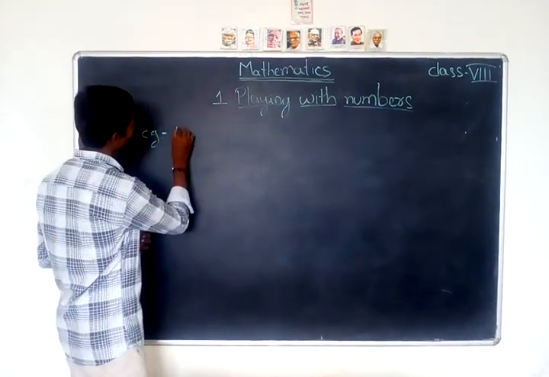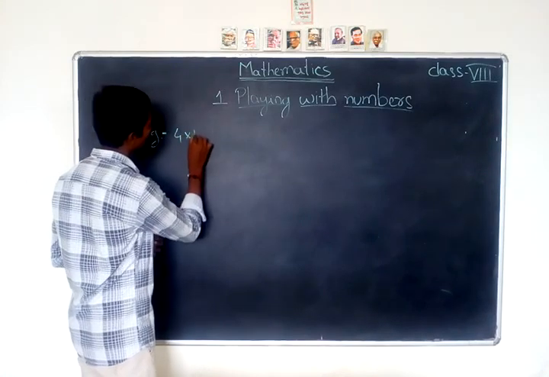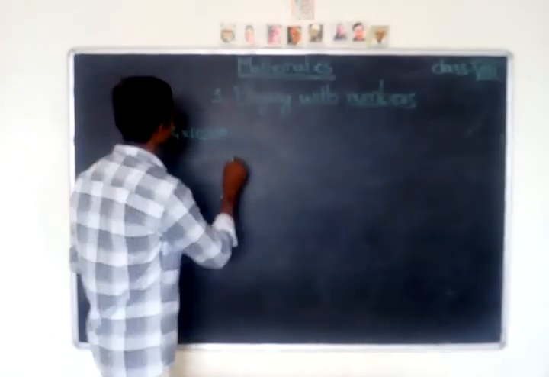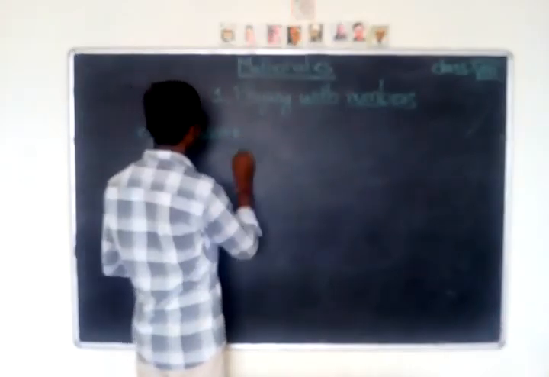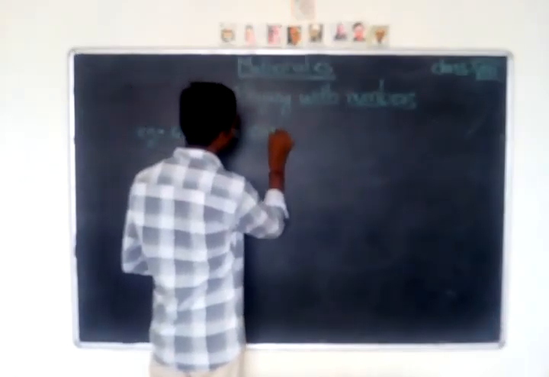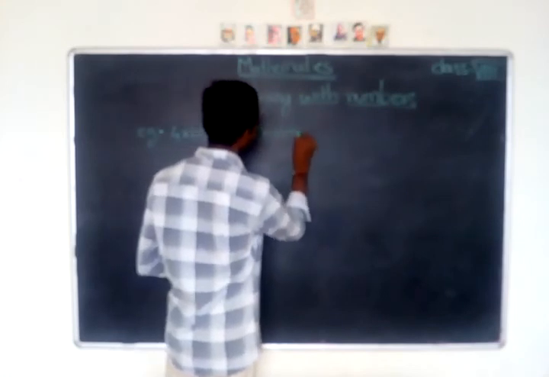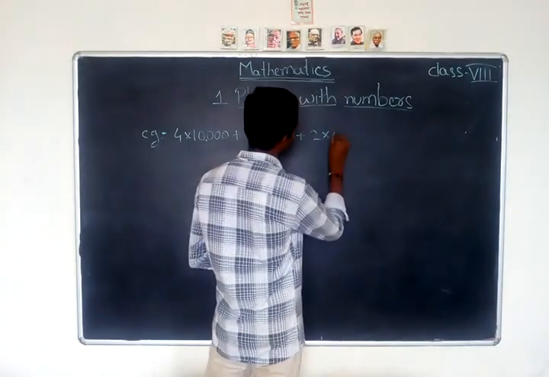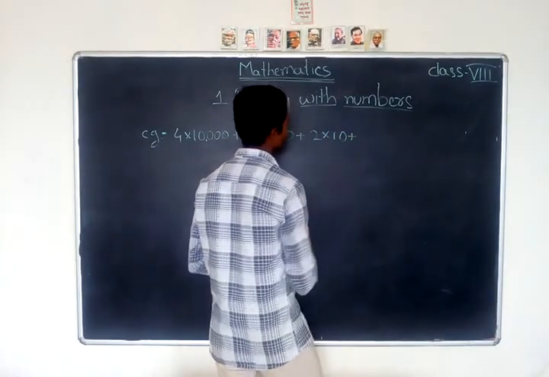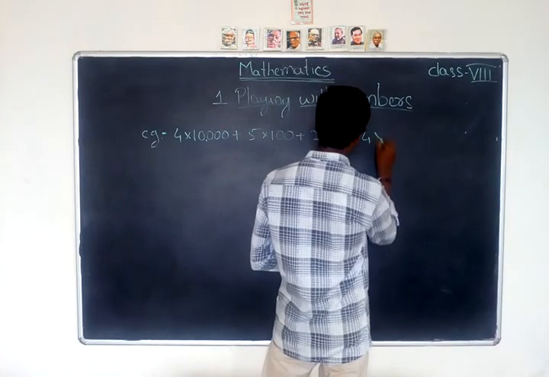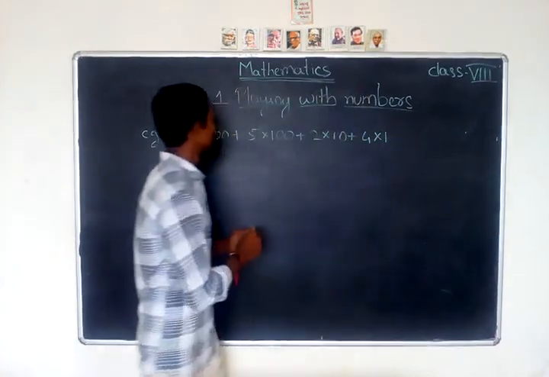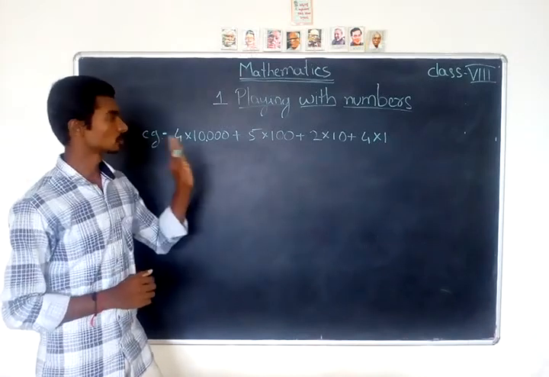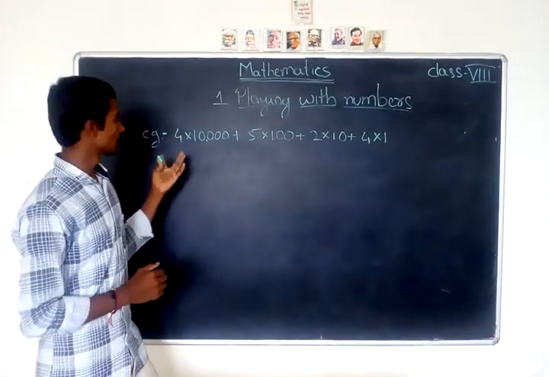It is given like 4 into 10,000 plus 5 into 100 plus 2 into 10 plus 4 into 1. This is the general form given. Now we have to write the normal form.